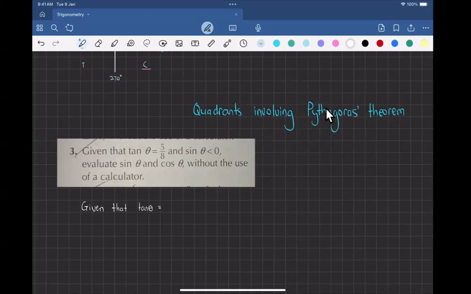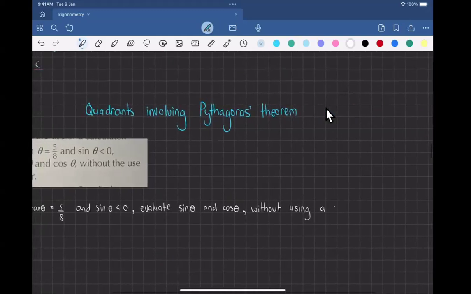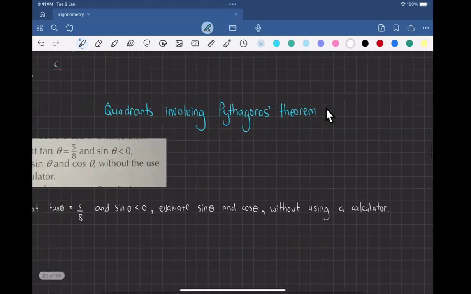Given that tan theta is 5/8 and sine theta is less than 0, evaluate sine theta and cos theta without using a calculator.